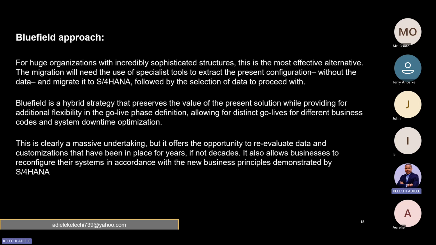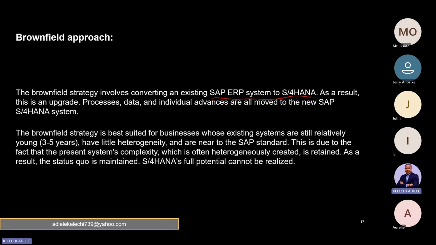Bluefield, which is what we call selective transition, is when you do a selective movement. You're not moving everything at once, but you're picking some features from here and there, and you're migrating to those features. So these are the three approaches we use to implement projects in SAP S/4HANA.